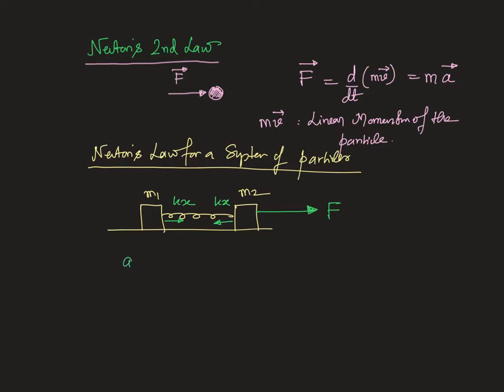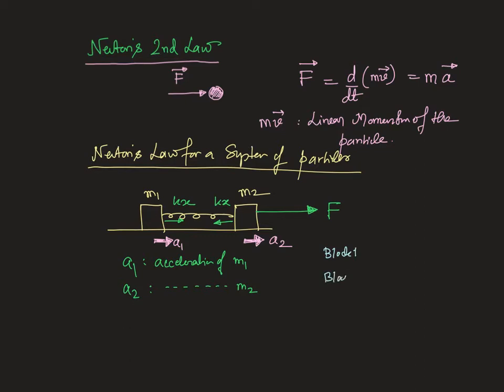So say a1 is the acceleration of m1, and a2 is the acceleration of m2. So this block is having acceleration a2, and this block is having a different acceleration a1. So what can we write for block 1 and block 2?